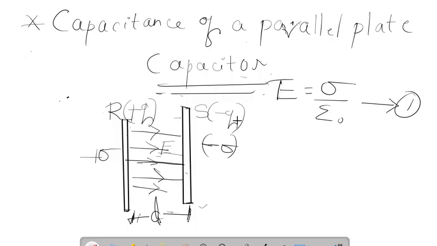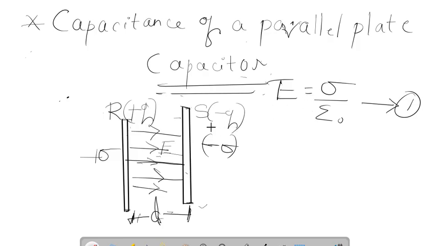Suppose let us consider the two parallel plates R and S. These two plates have charges such that R has positive plus Q charge and S has minus Q charge. Suppose these are separated by a distance d, where plate R has charge density plus sigma and S has charge density minus sigma.